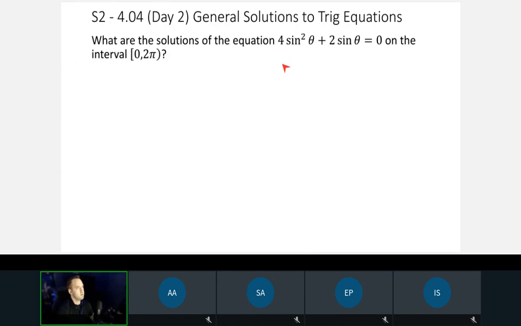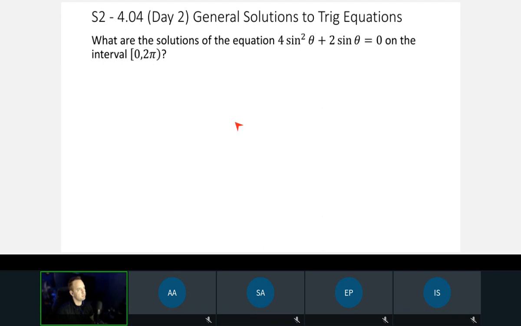All right, general solution. These are always fun. So what are the solutions of the equation 4 sine squared of theta plus 2 sine theta equals 0 on the interval 0 to 2 pi? So this is where we need, do we need trig identities for this one? No, we don't. This one's actually set up pretty nice.